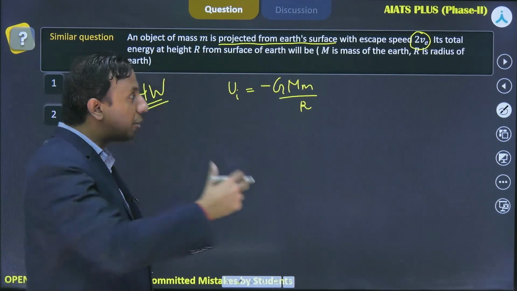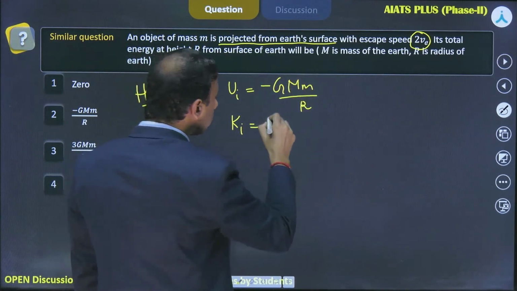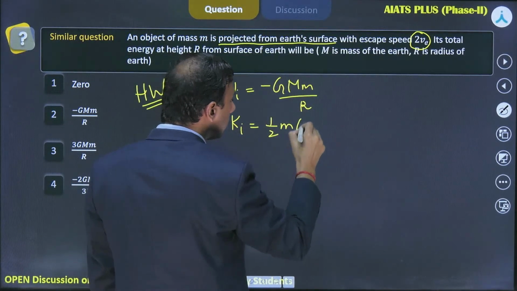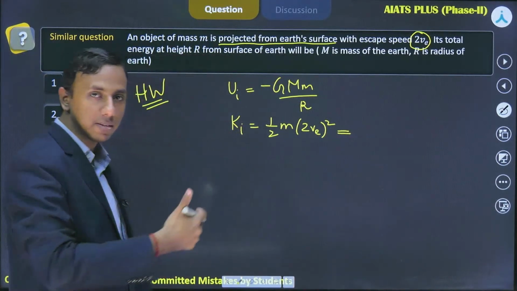What about initial kinetic energy? Again the same expression, isn't it? That is half mV square, but V is 2VE here. So 2VE square. Let me just write down the steps.